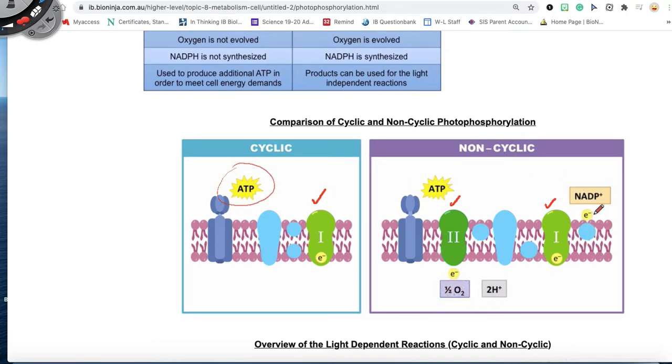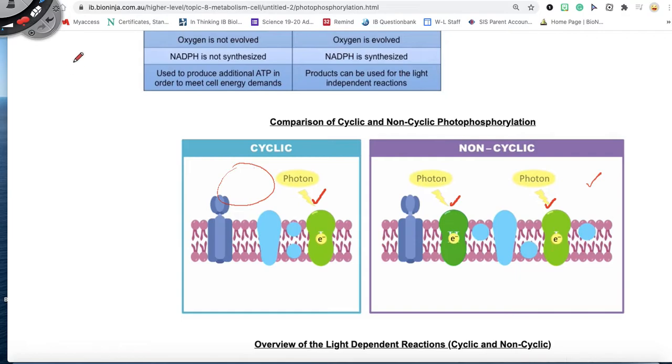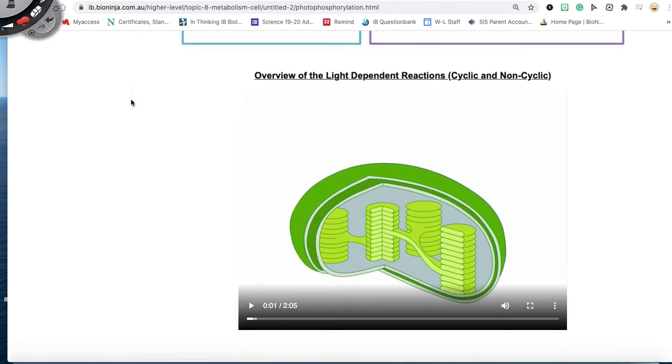Whereas in non-cyclic, those electrons are donated to NADP+ to form NADPH, right? So both mechanisms are a little different.